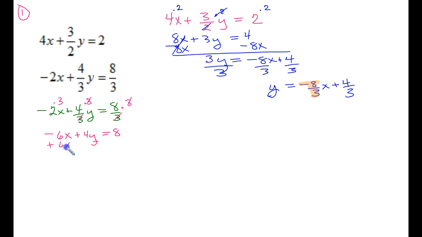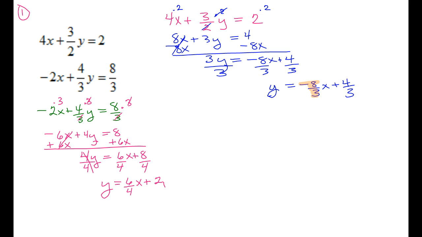Then I'll have to add 6x to both sides to get y by itself here. 4y equals 6x plus 8. And then I'll divide everything by 4. Now this one, I'll have to reduce. I've got y equals 6 over 4x, and 8 divided by 4 is 2.